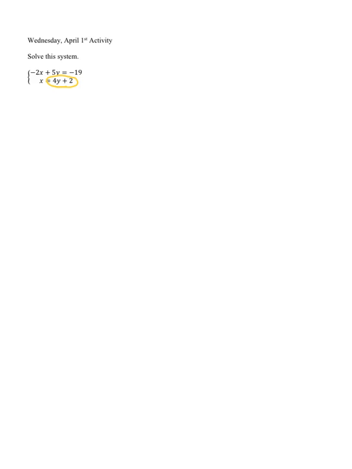So I'm going to take this first equation, negative 2x plus 5y equals negative 19, and where I see x, I am going to substitute 4y plus 2. So I'm going to do negative 2 times the quantity 4y plus 2 plus 5y equals negative 19.